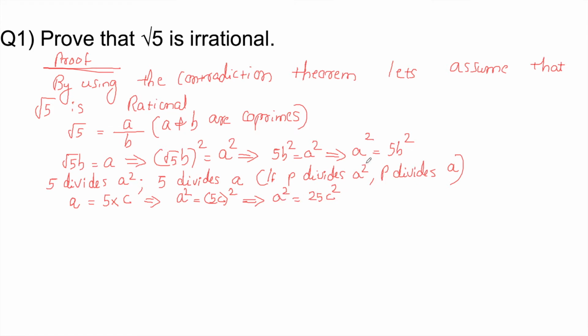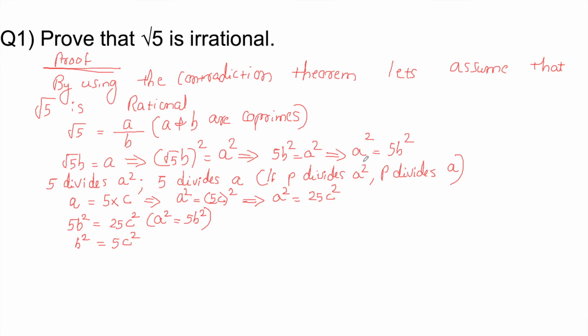So we can substitute 5b square in the place of a square. 5b square is equal to 25c square because a square is equal to 5b square. Now we can cancel 5 in both sides. Then it will be b square is equal to 5c square.